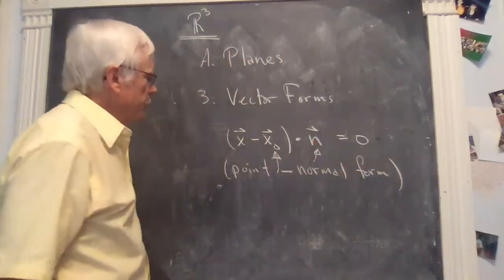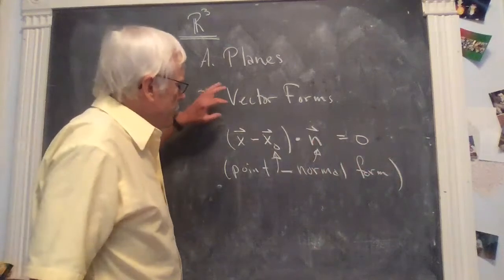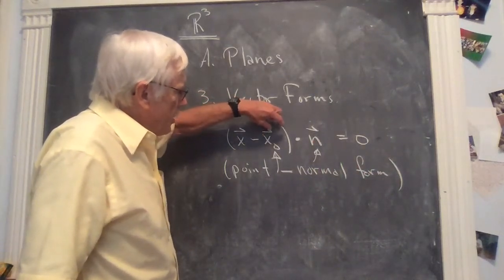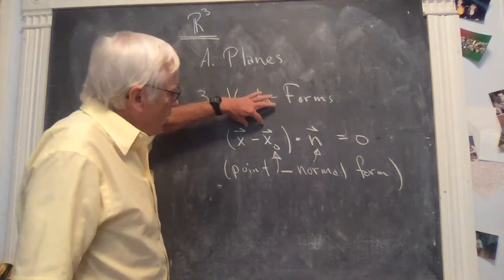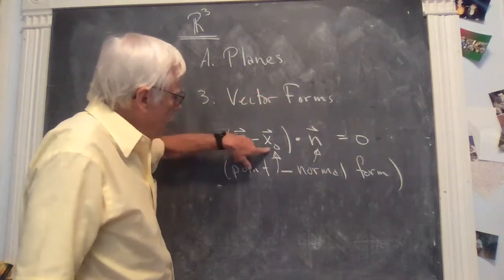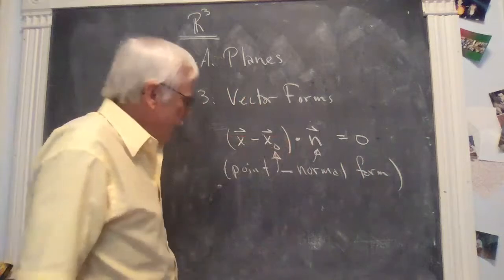So this uses the fact that 2 vectors are perpendicular if and only if their dot product is 0. So any vector in the plane minus x naught dot n is 0.